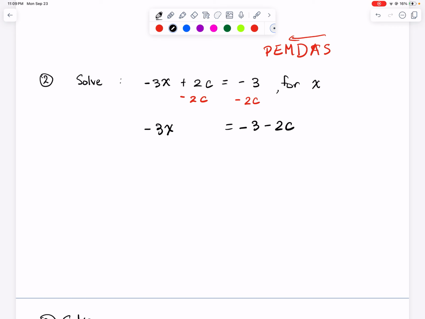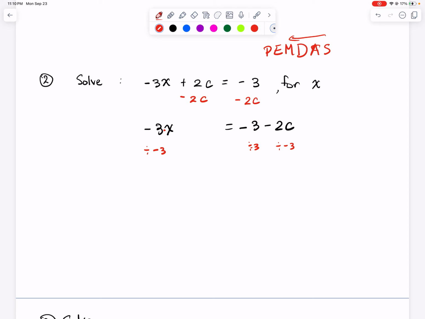All right, and so now we just need to do the opposite operation here. So right now, negative 3 is being multiplied by x. So I'm going to go ahead and divide both sides by negative 3. And everything here gets divided by negative 3.